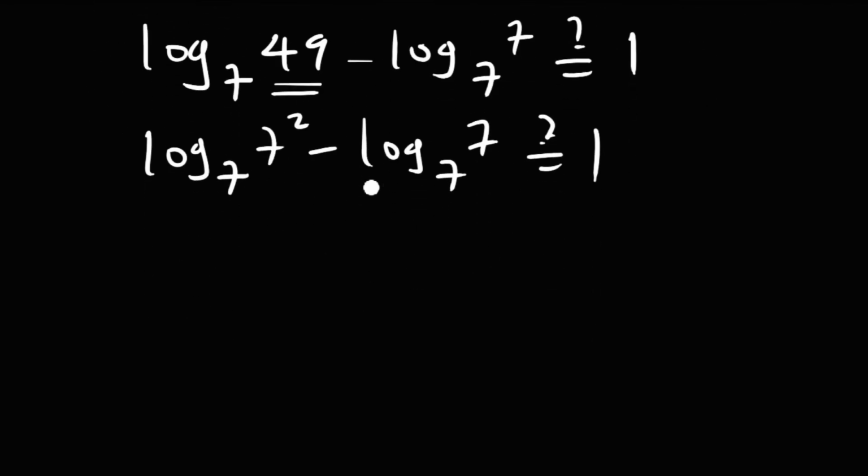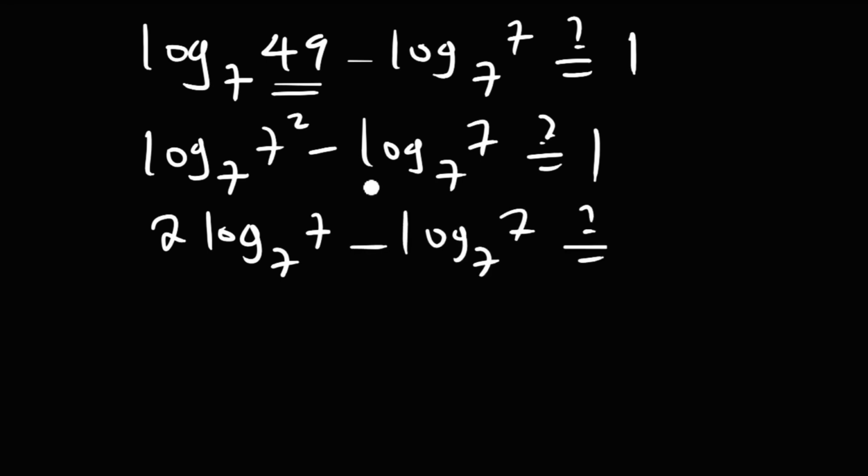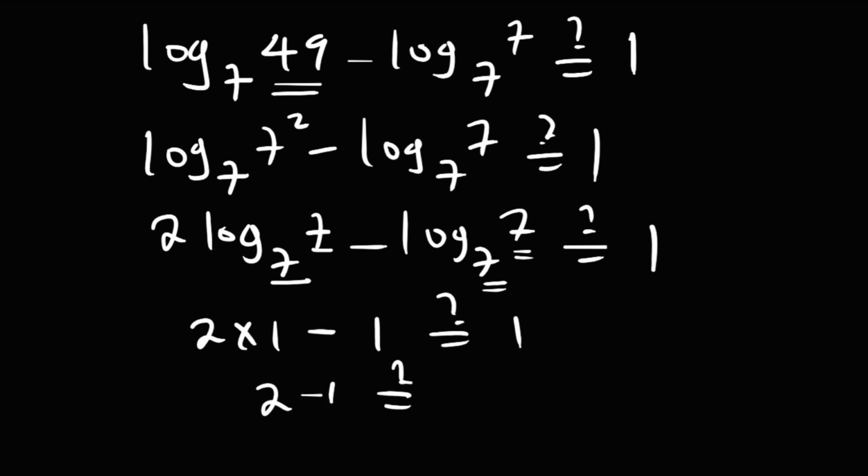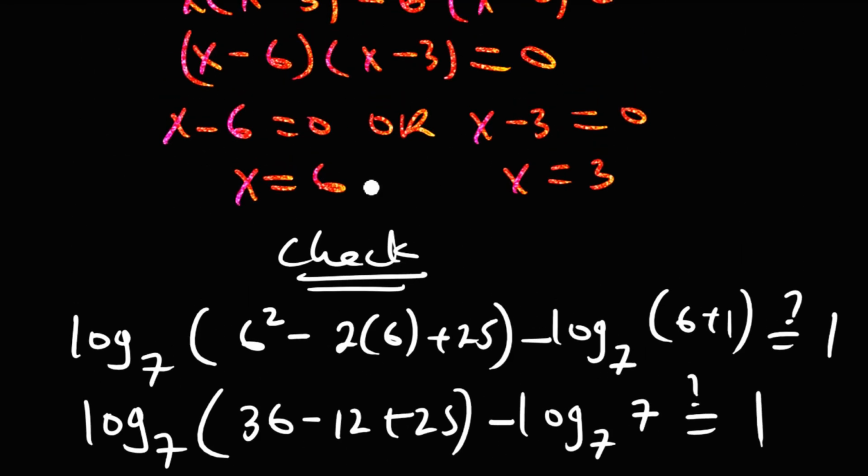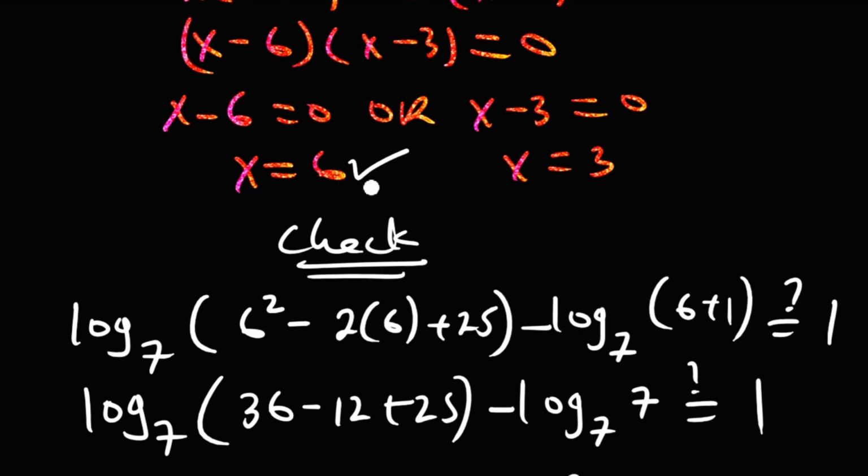We can write the first one as 2 log to base 7 of 7, minus log to base 7 of 7. When the number and the base are the same, that log is 1. So we have 2 times 1 minus 1, which is 2 minus 1, and that is 1. Both sides of the equation are equal, so our first solution is correct.